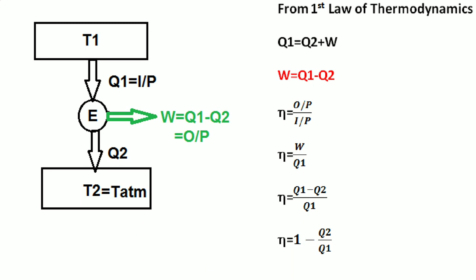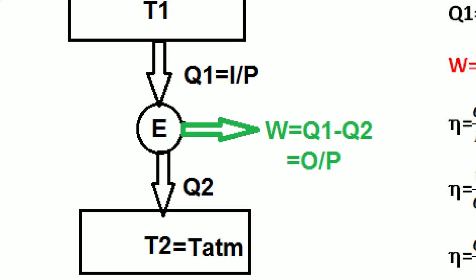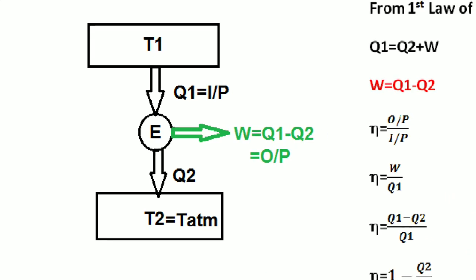If you apply the first law of thermodynamics at the engine, so if you observe at the engine, incoming energy is Q1 and outgoing or leaving energies from the engine are W and Q2. So according to the first law, input energy is equal to output energy.